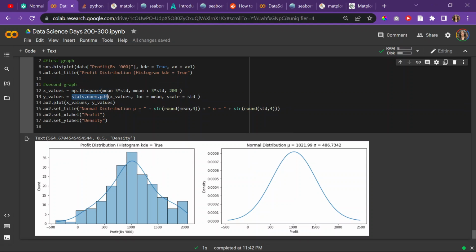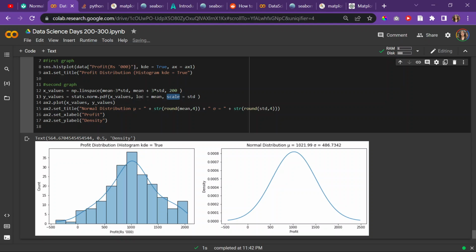So stats.norm.pdf is basically your probability density function, and it's going to calculate the probability density of all of your x values that we assigned here, taking into account the mean and the standard deviation. Now the mean in this PDF function is known as loc, and scale is known as standard deviation.